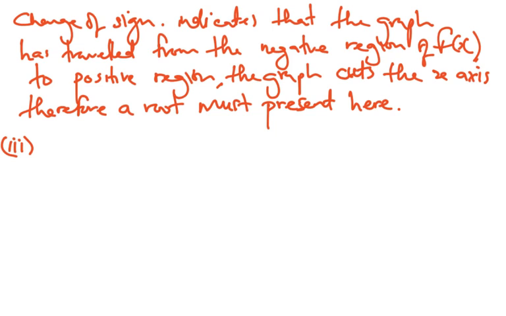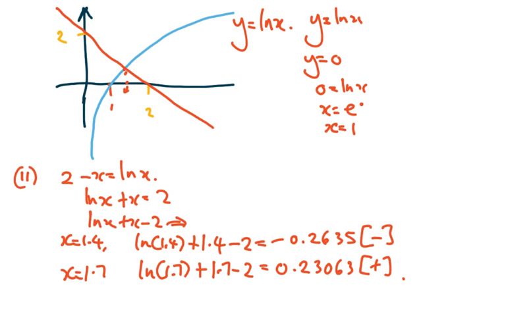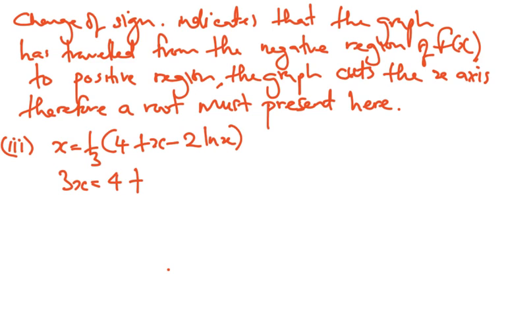So part 3, let's look at part 3. Show that this root also satisfies the equation x equals 1 over 3 (4 plus x minus 2 ln x). Let's do that. So x equals 1 over 3 bracket 4 plus x minus 2 ln x. Rearrange this, so this will give you 3x equals 4 plus x minus 2 ln x. So 3x minus x minus 4 equals negative 2 ln x.